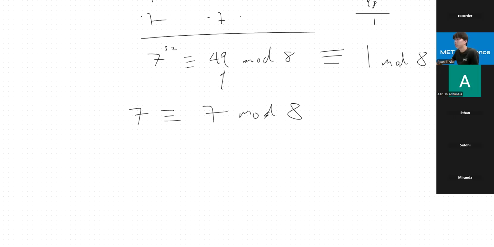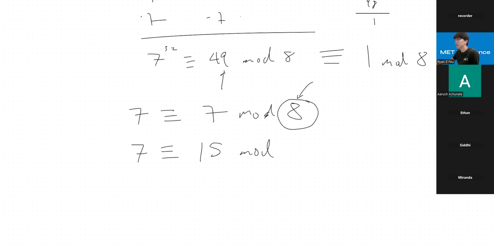But what we can also do is, if we have something like mod 8, we can actually change one side and not change the other side, and the equation will still hold true. That's only if we add a multiple of this number. So what that means is we can say 7, and then we can add an 8, right?